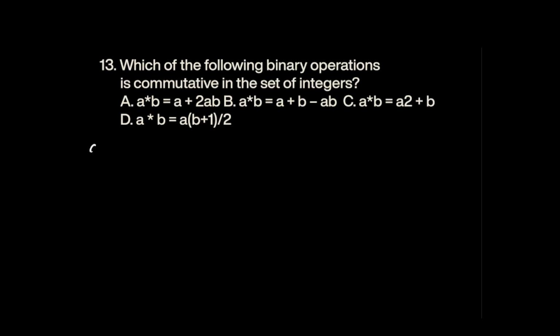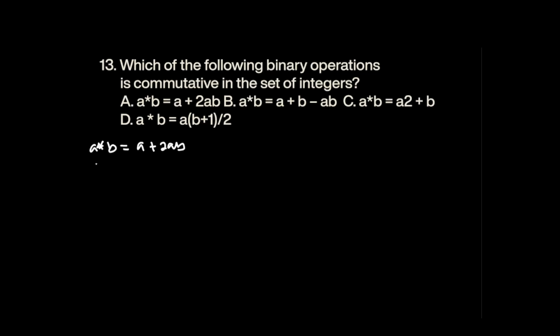Option A: A operation B is equal to A plus 2AB. If B operation A gives us the same result, then we can say it is commutative. Am I making sense? So let's see.